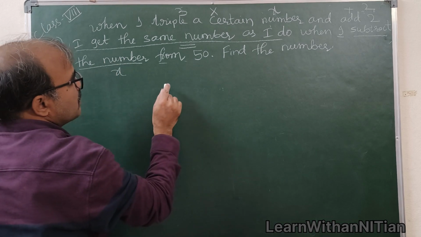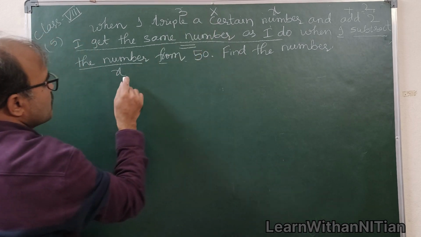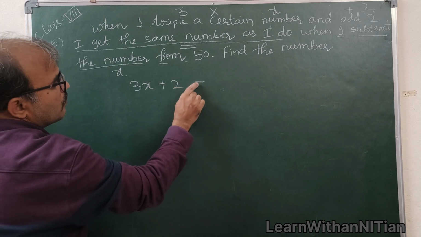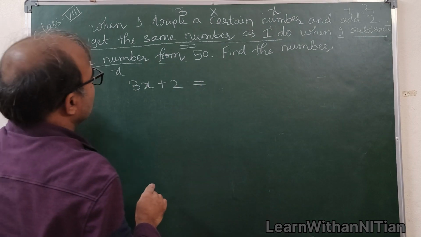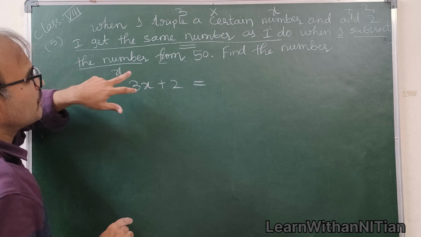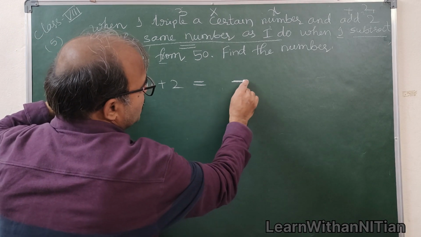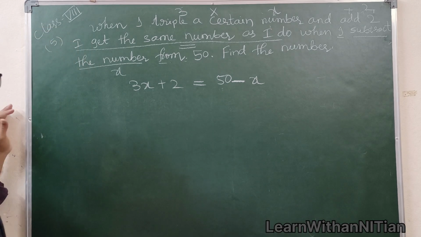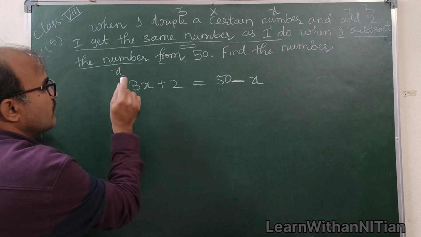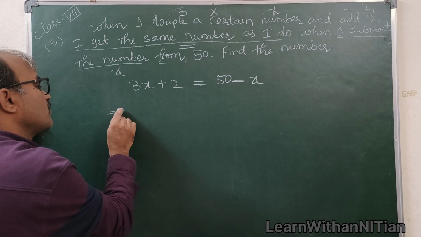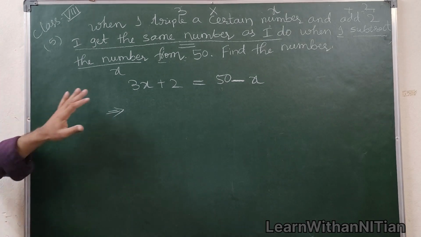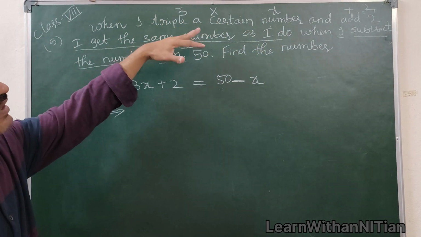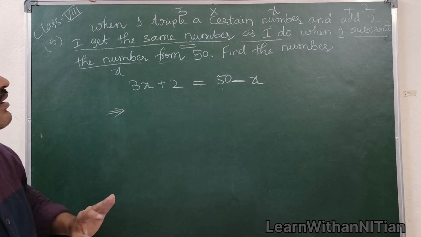So 3 times x plus 2 is equal to 50 minus x. First of all, if you are able to write this, you can solve and simplify. You have to write, let the number be x, even if you write it after writing the question, it will be okay.